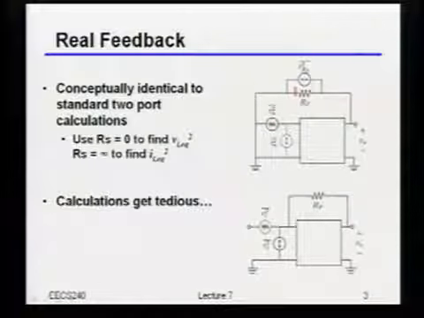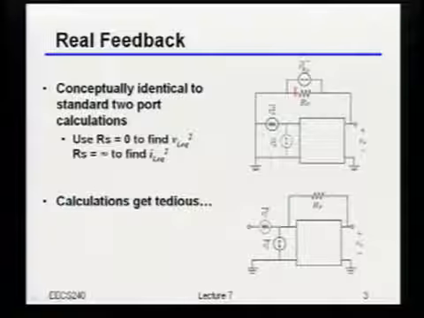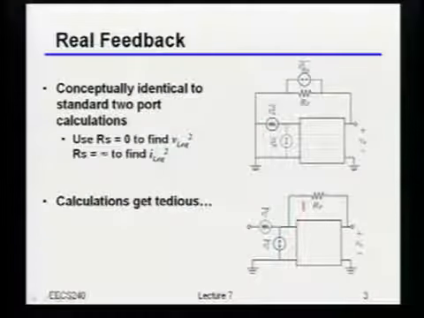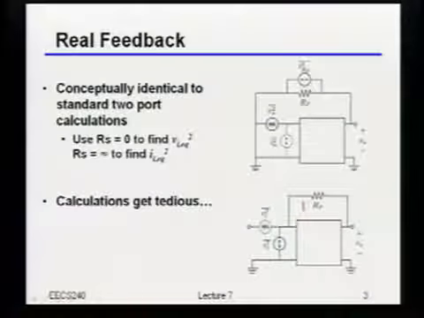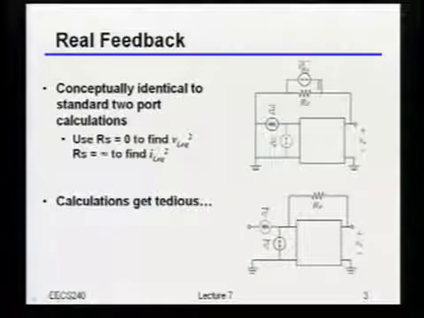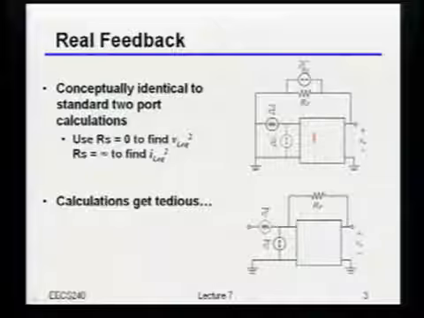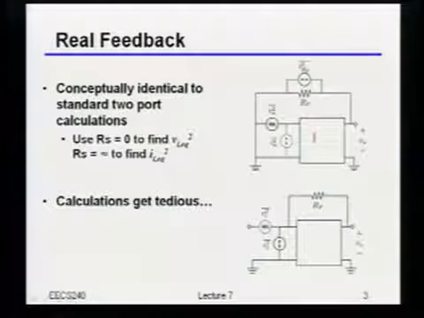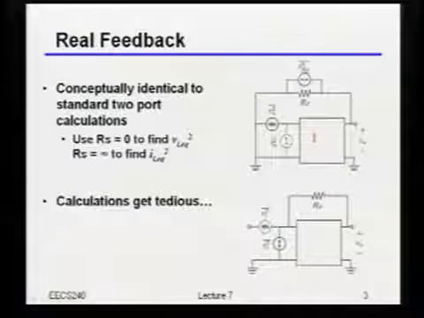If I wanted the input referred current noise, I leave this as an open circuit, and I would get only the current contribution. So conceptually, really easy to do, but the calculations get pretty tedious, especially if I gave you some more complicated feedback network or some weird input impedance on the amplifier, you can just get a bunch of math to get the answer.